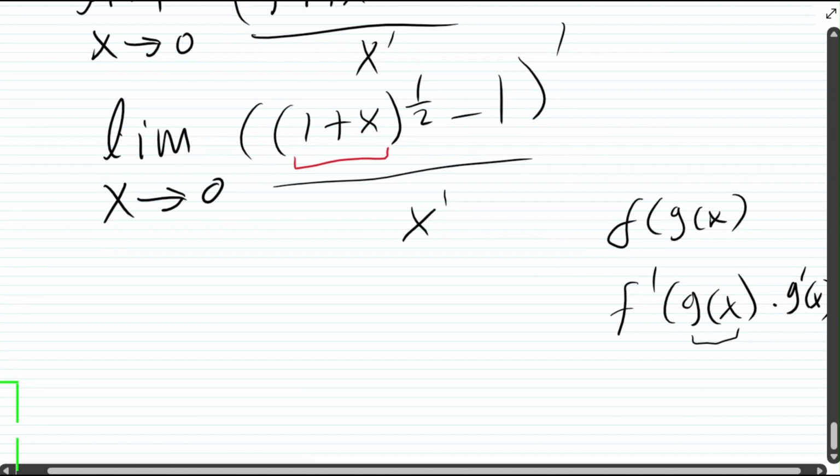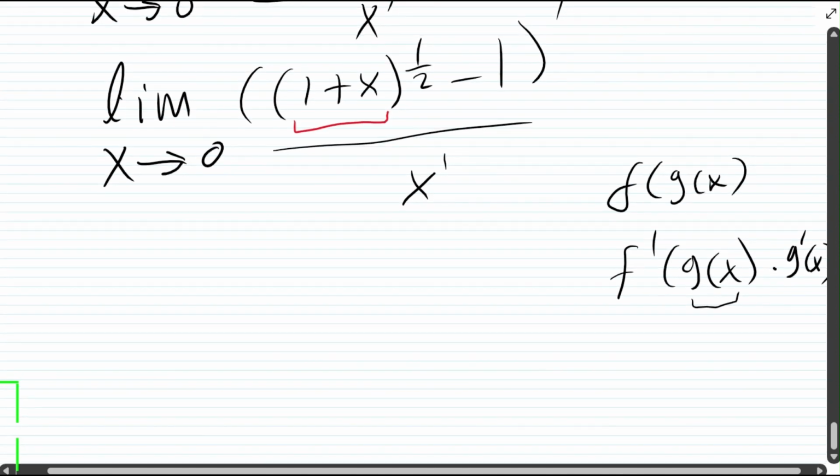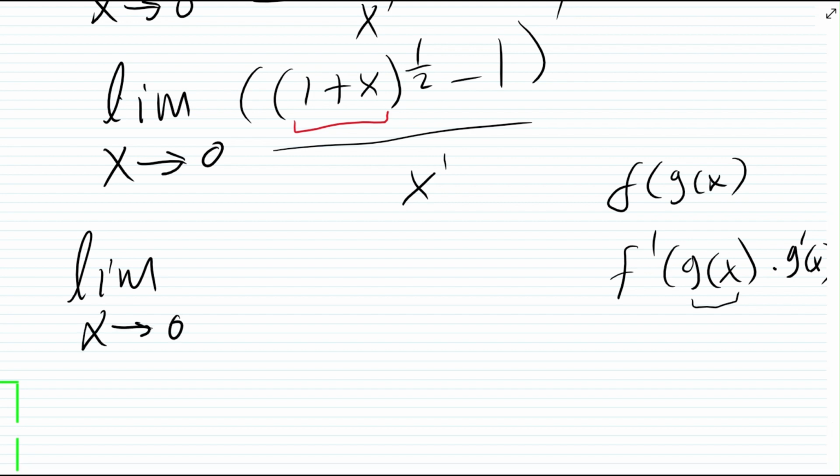So in this case, we say the limit as x approaches 0. By differentiating this function, we are going to differentiate the function f, which is going to be 1 over 2, right?